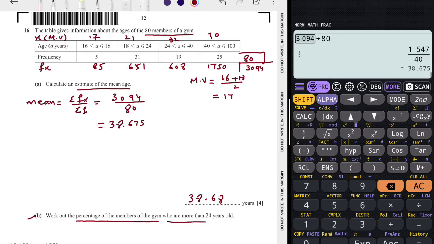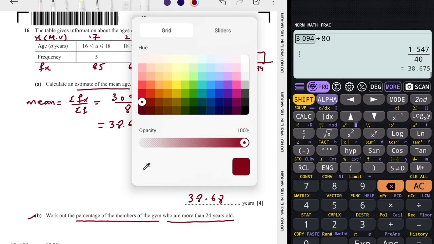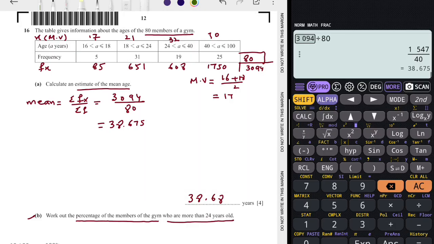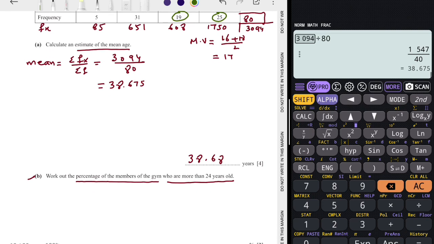Next part. Work out the percentage of the members who are more than 24 years old. More than 24 years means 19 and 25. So the percentage would be 19 plus 25 divided by total, multiplied by 100.